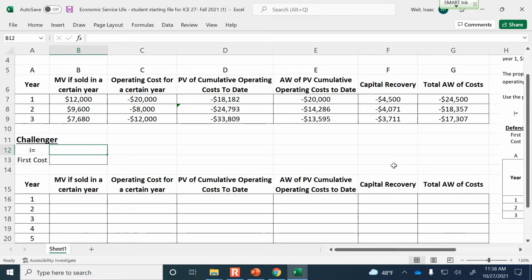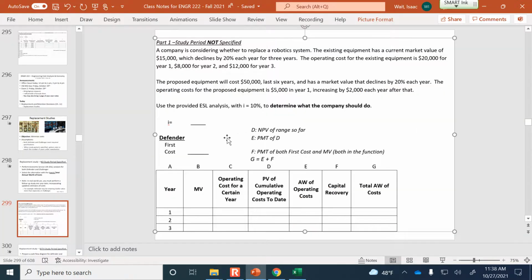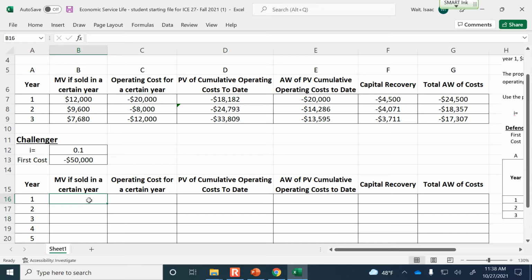Okay, so the interest rate is still 10%. The first cost for the challenger, I have to spend $50,000 to buy that. And what the problem statement said was the market value declines by 20% each year. So at time 0, the equipment's worth $50,000, and then 1 year later, it's worth 20% less. In other words, it's worth 80% of the year before it.